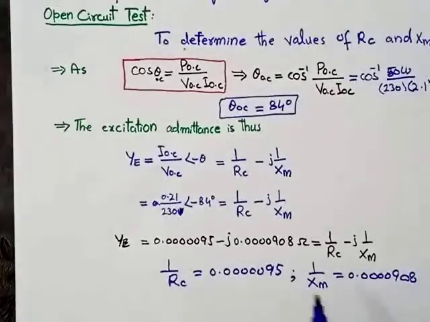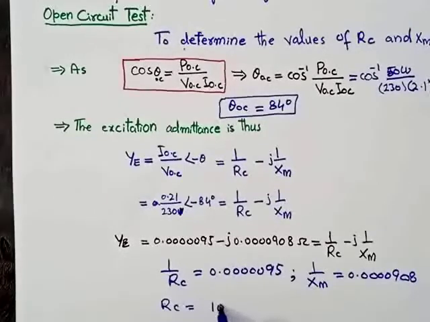Now, after the cross multiplication, we can find the value of RC and XM. The value of the RC is basically equal to 1 over 0.00095. After solving this equation, the value of RC is basically 1050 ohm. So this value of the RC is referred to the secondary side of the transformer.